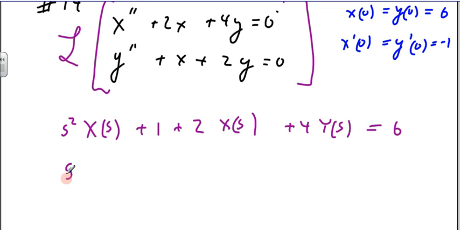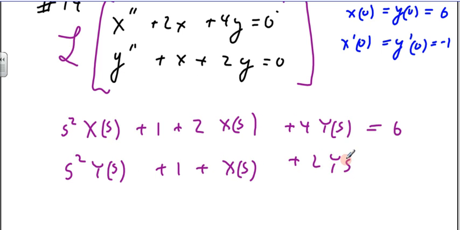And I'm going to have s squared Y of s plus 1 plus X of s, that's that guy there, plus 2 Y of s is equal to 0.